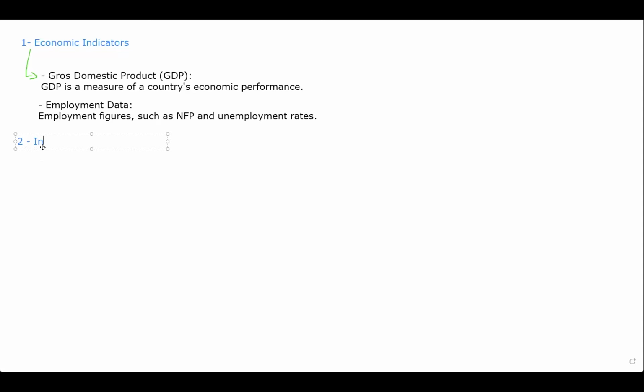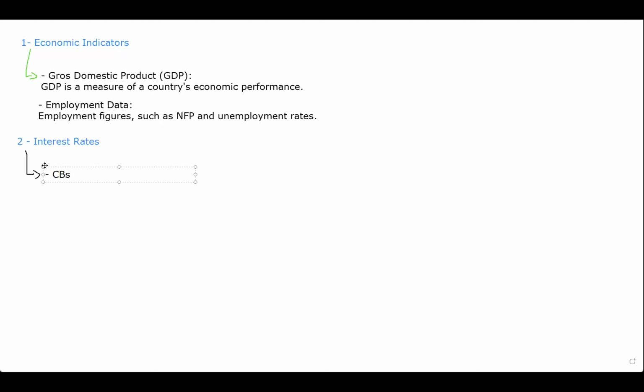Okay, interest rates. I think everyone knows what interest rates are. Most probably, if you have been following me for quite a long time, you will know what interest rates are. I'm tired of explaining it already and how important it is. But basically, central banks, CBs, right?